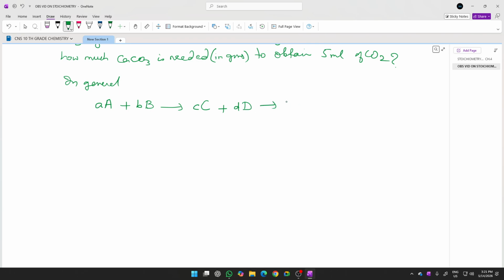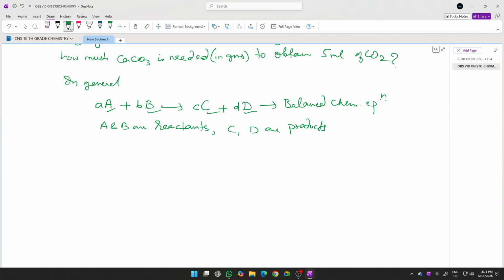This is, suppose, a balanced chemical equation. Now in this equation, the capital letters A, B, C, and D: A and B are representing reactants, and capital C and capital D are representing products, right?